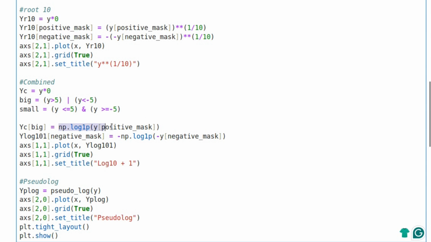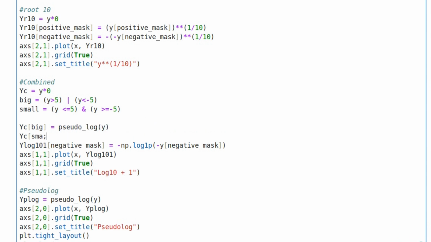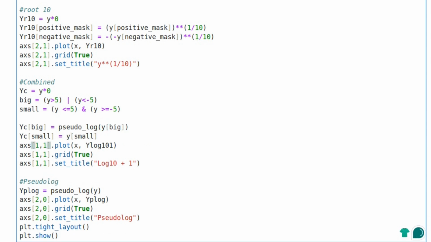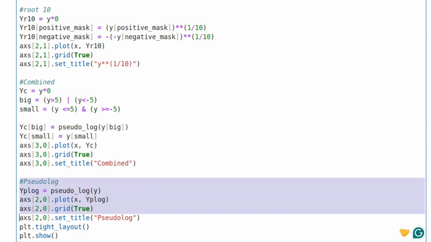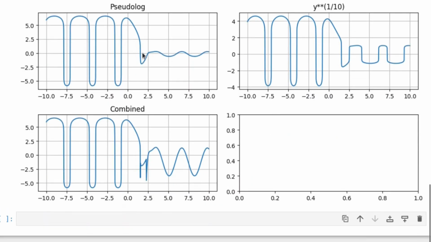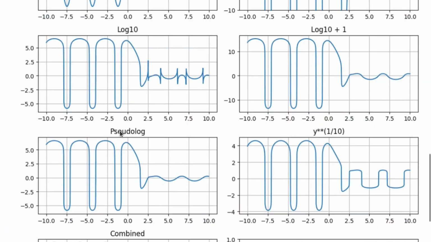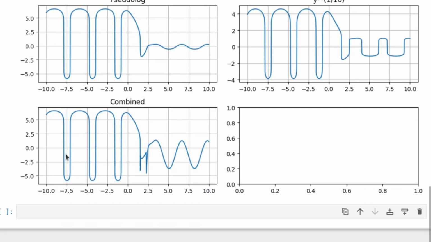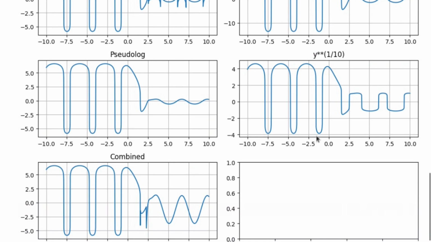For big values we will use the pseudo-logarithm, and for small values we will use just the straight value. So let's see what happened. And it looks good again, but at the position of the jump between the two graphs you get some peaks, and some peaks are hidden. So it is another good way to represent the data.